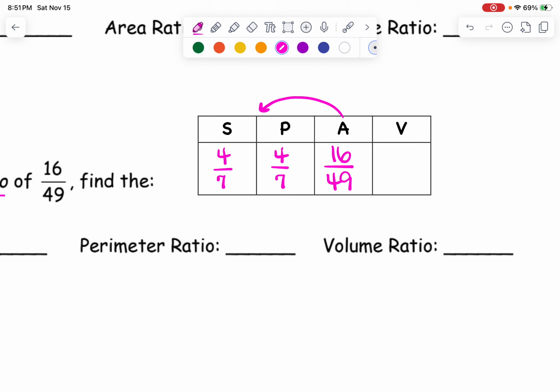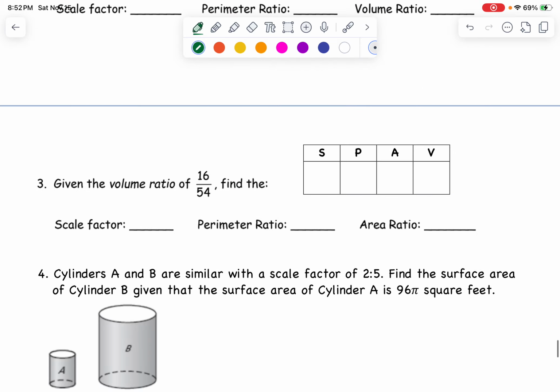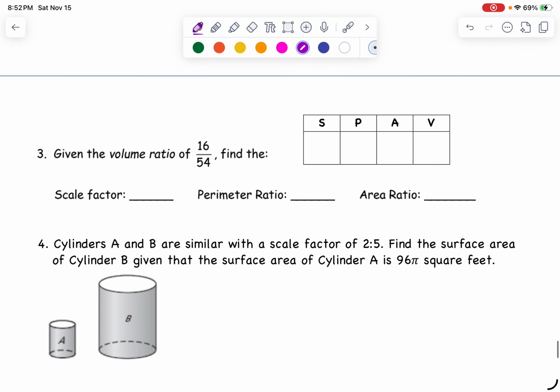But then we are going to cube to get up to three-dimensional land. So 4 cubed is 64, and 7 cubed is 343. So notice the numbers are starting to get pretty big for our volume ratios.